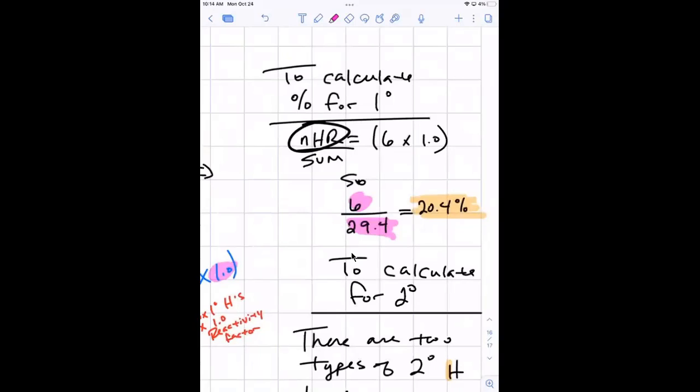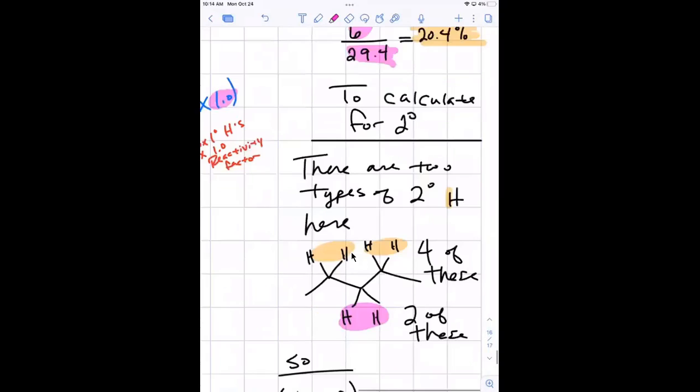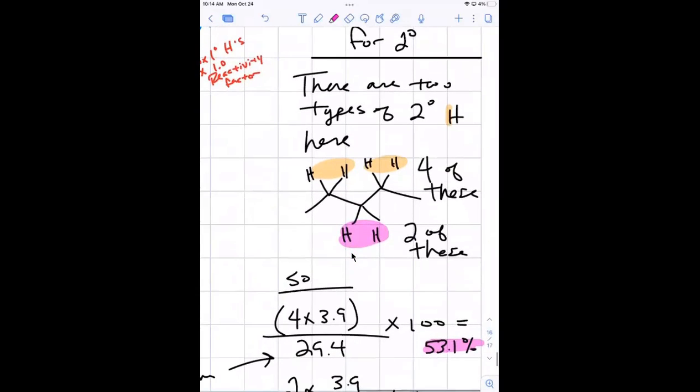If we do the secondaries, we're going to split those up because they're two types and they'll give you two different products. For the secondary, we have 4 of the orange ones. They don't look orange to y'all because this projector is crap. But these right here, and then 2 of the pink ones. We want to calculate the percentage for the 4 orange ones.